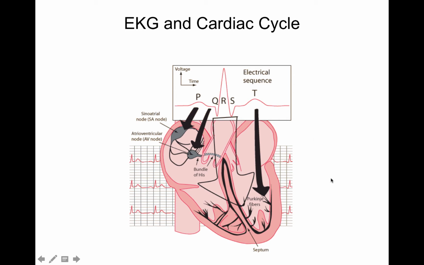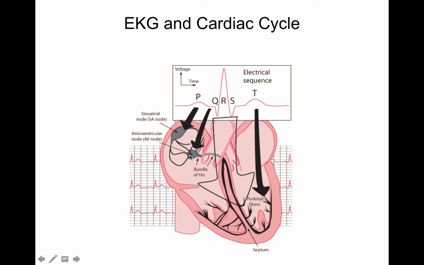And so the P wave, think to yourself, is going to represent the sinoatrial node, which is the first pacemaker of the heart. And that is an indicator of a positive deflection of the P wave right here. So if a rhythm has a P wave, it will be indicative of a sinus rhythm, as you probably heard before.